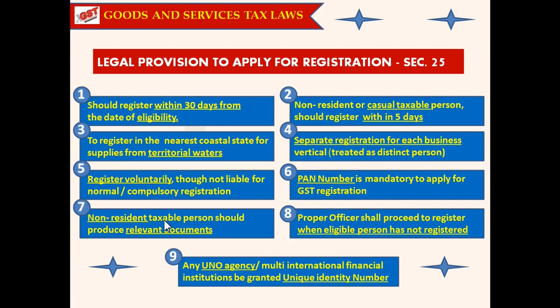And the non-resident taxable person should produce relevant documents, besides a normal document, to prove that he is a non-resident. He has to produce the relevant documents. Then the proper officer shall proceed to register an eligible person who is not registered. If he finds that the eligible person is still not registered, then he will direct him to register under this act.